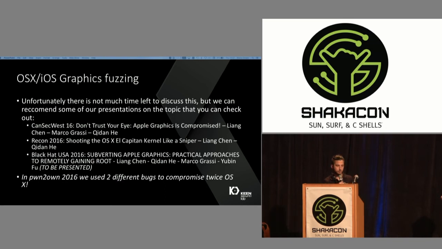And to understand how important graphics is also on OS X and iOS: in this year's Pwn2Own, we compromised the OS X system 2 times, and for both the sandbox escape, we used a graphics bug. So this area of code is still rich of bugs, and an attacker can leverage these bugs.